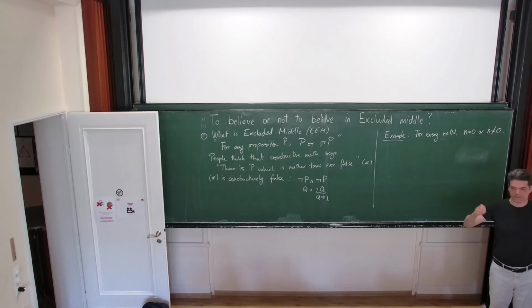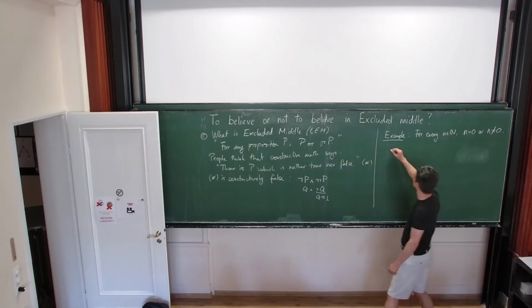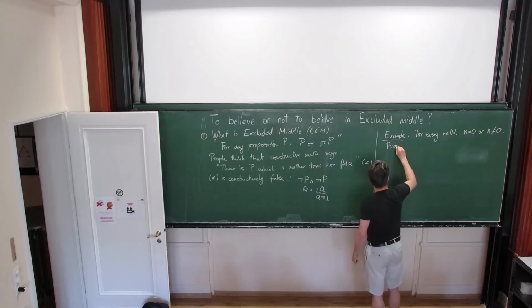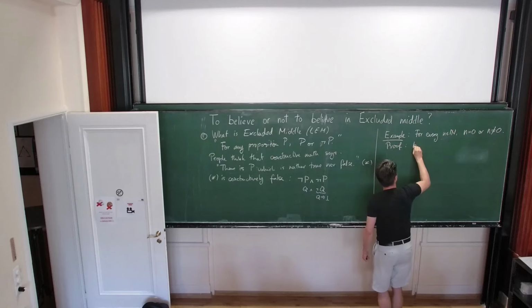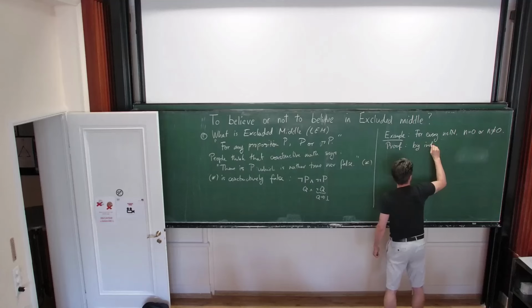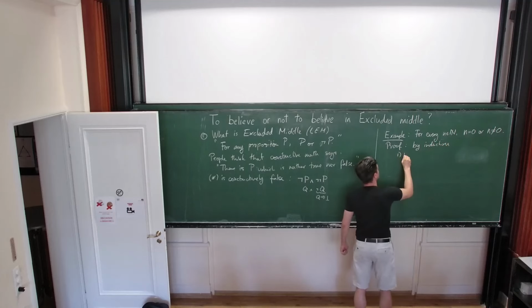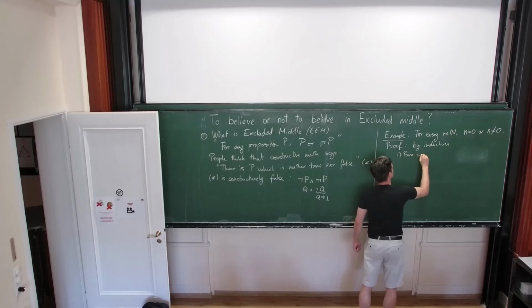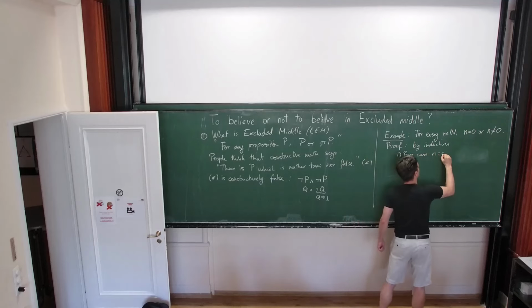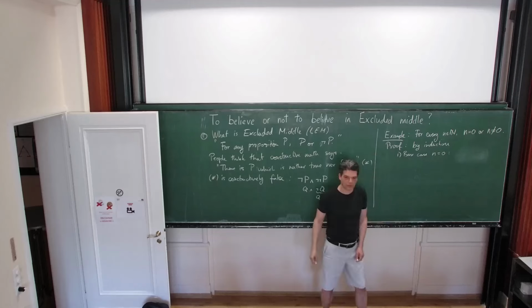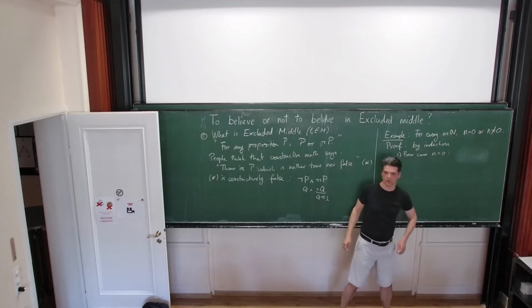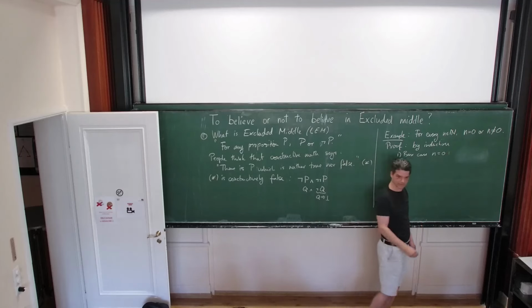We can prove this. How would you prove this? By induction, of course. Base case: n equals 0. If you assume n equals 0, does it follow that n equals 0 or n is not equal to 0? Yeah.